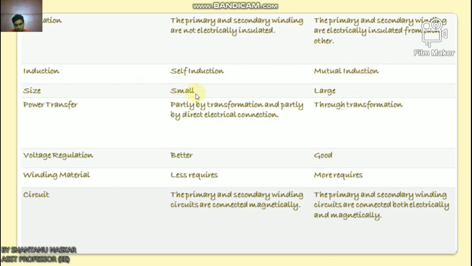Size is small for an auto transformer, large for a conventional transformer. Power is transferred partly by transformation and partly by direct electrical connection, and this is through transformation only. Voltage regulation is better for an auto transformer, good for a conventional transformer. Less winding material is required, while the conventional requires more. Circuit: the primary and secondary winding circuits are connected magnetically, and here the primary and secondary winding circuits are connected both electrically and magnetically.